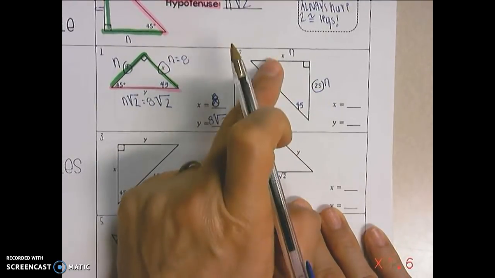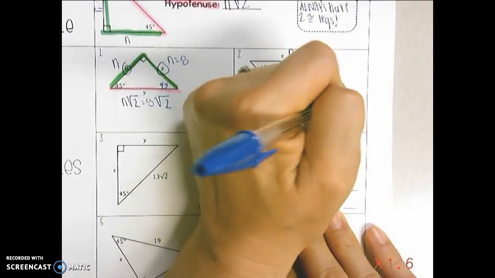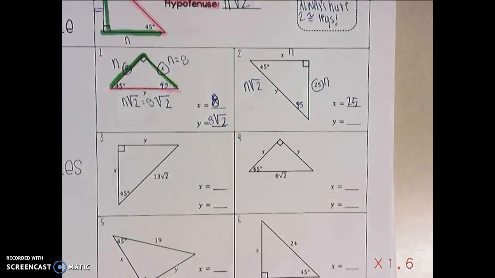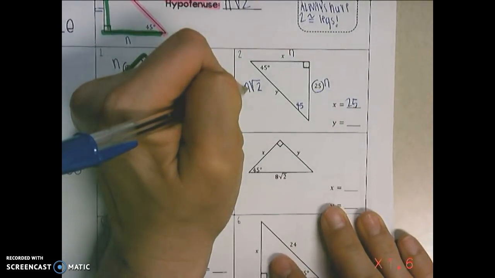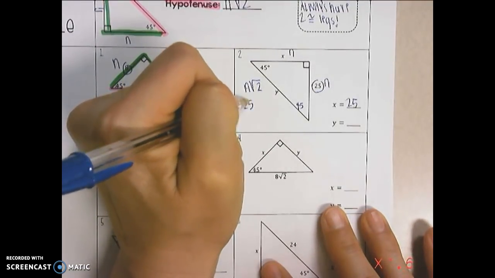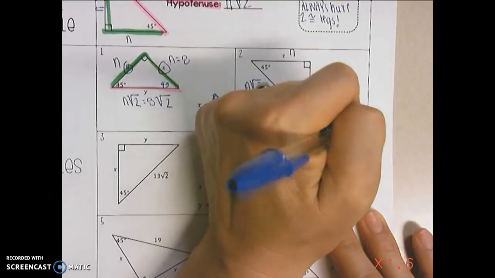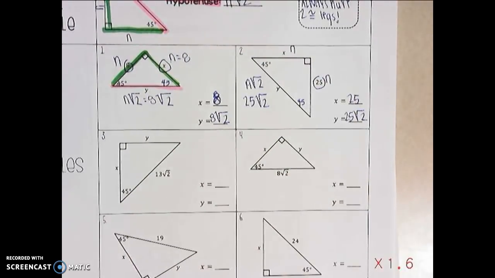N and N, and we know that X will be the same, so X is 25. My legs are the same in a 45, 45, 90. And if this is N rad 2, and I know that N is 25, then this is 25 rad 2. So 25 rad 2 is my answer.